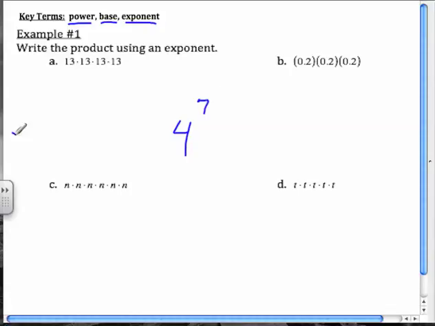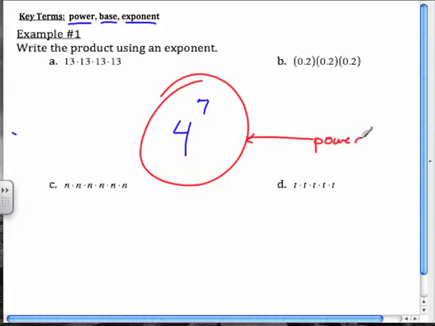Okay, now this entire thing is called a power. Okay, now there are parts that make up a power. All right, so William, this is called a what? What do you think? It is a number, but in a power it has a specific name.